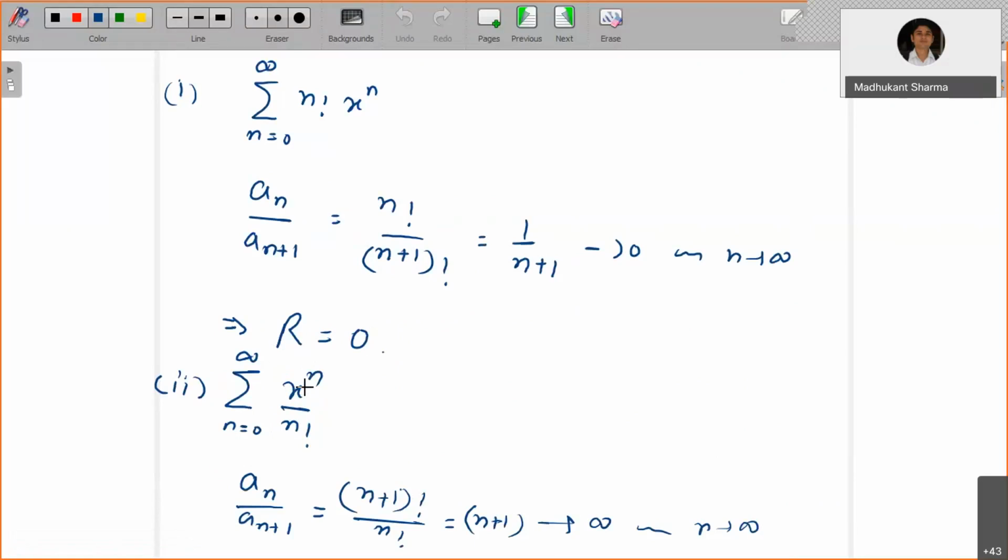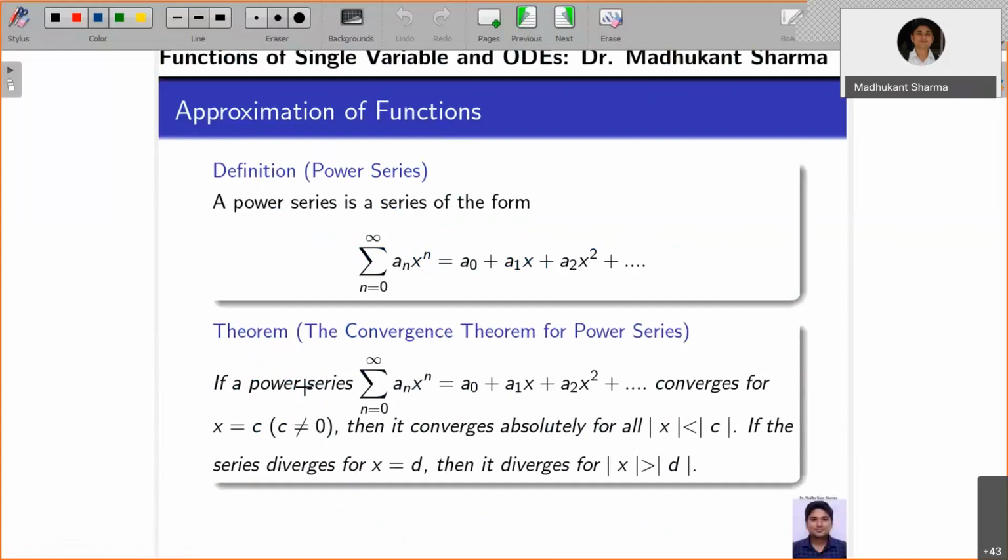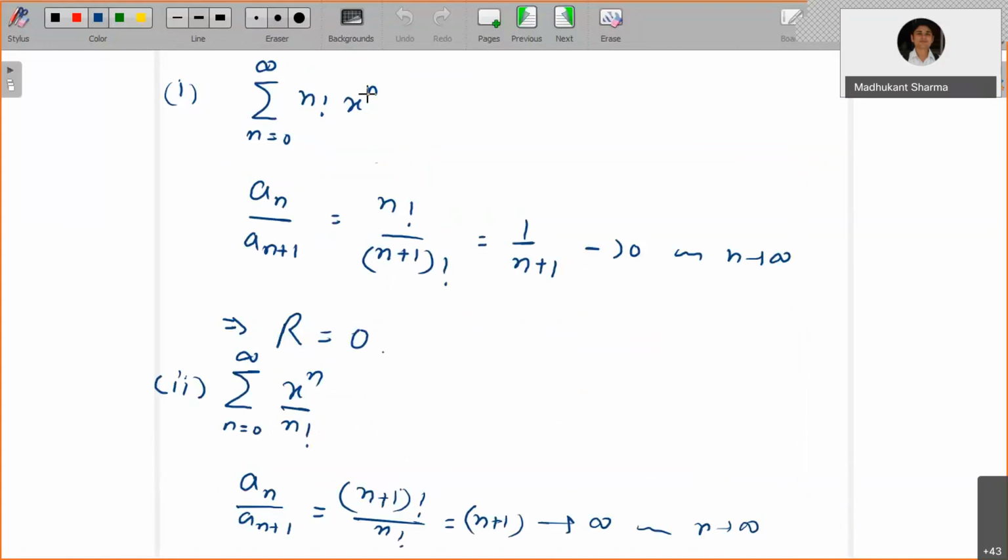Similarly, if you are able to find that the series diverges for x equals d, then it diverges for mod x greater than mod d. If you look at this, you can take x equals 1, or any x equals half here, it doesn't matter.